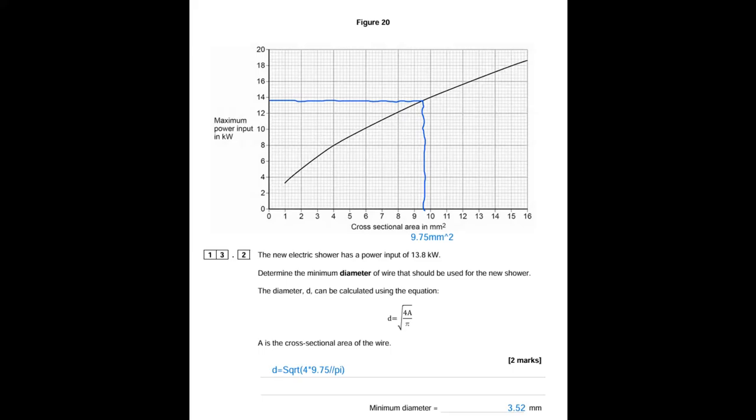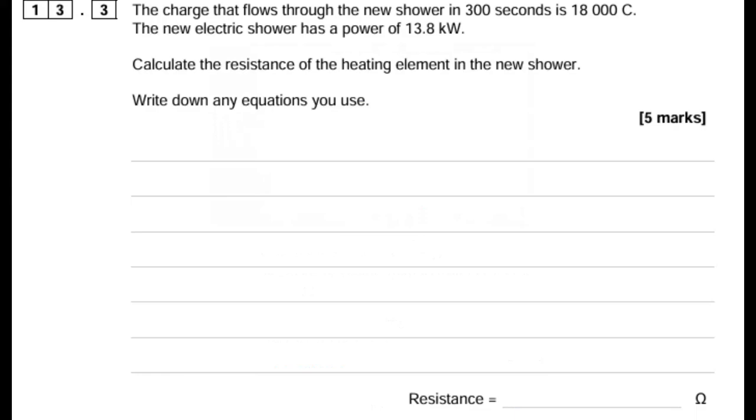Now, you can just go across from 13.8 kilowatts to the cross-sectional area of the wire, which is 9.75 millimeters squared. And then they're nice enough to give you a formula to work out the diameter, which is just the square root of 4A over pi, and then you can just sub in 4 times 9.75 over pi, square rooted, to get the diameter, which is 3.52 millimeters.